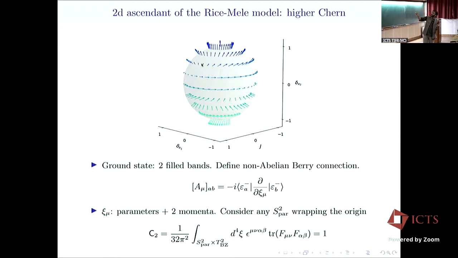So the 2 coordinates of the sphere that I've wrapped over here and the 2 momentum directions will precisely give me the 4-dimensional space that I require. So to repeat what I said, construct for this 2-filled-band model the non-abelian Berry connection and the second Chern number, and evaluate it over the 4-dimensional manifold obtained by considering the sphere in parameters and the 2 momentum directions.